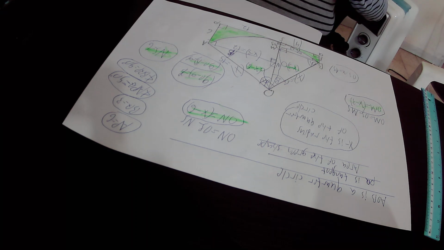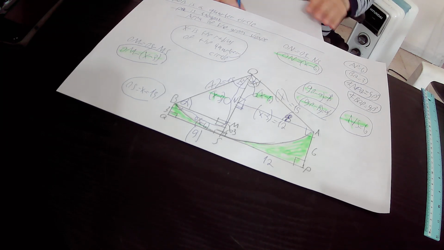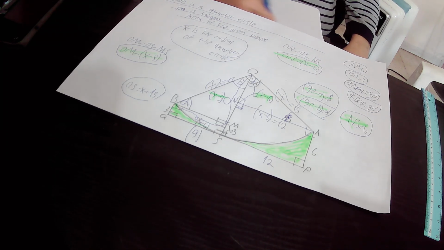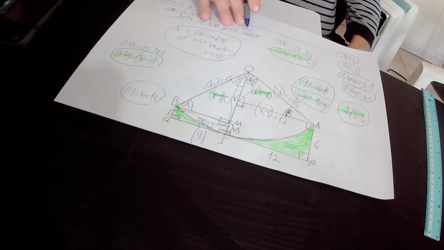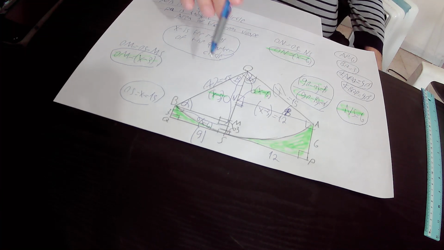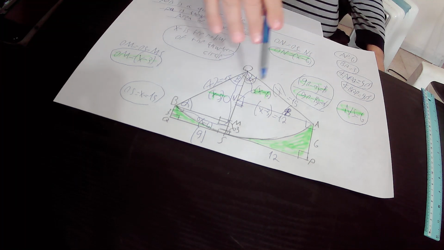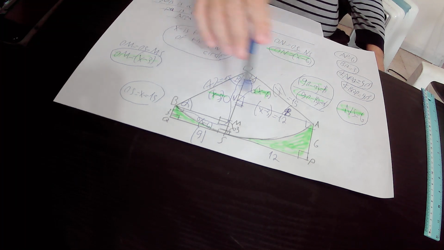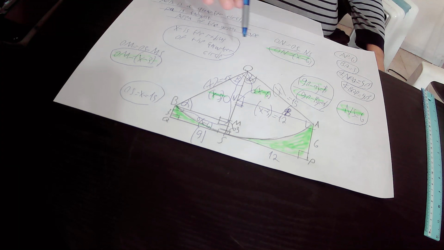So what is the area of the green shape? The area of the green shape is equal to the area of this shape in total, and this shape consists of two trapezoids.